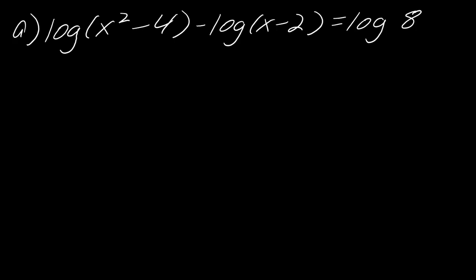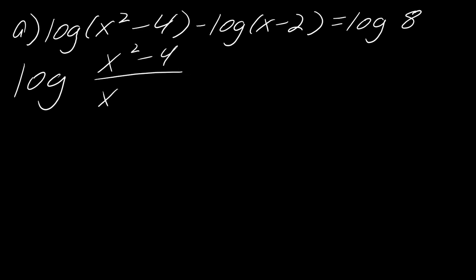Okay, so I have another one here. So this is the other type of problem, right, where you have logs on both sides. I would suggest that you give this a try and then hit play when you're ready. So in this case, I am subtracting, which means I can use the quotient property. So I have log of x squared minus 4 over x minus 2 equals log of 8.